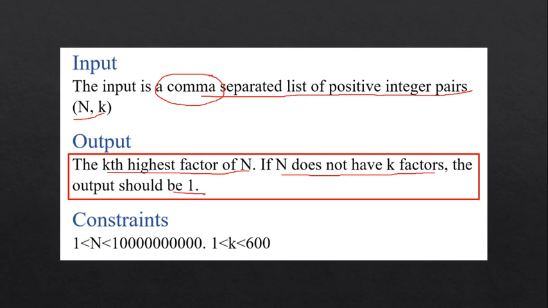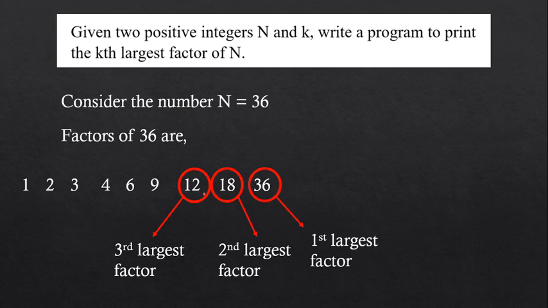What do they mean by that? See, consider the same number 36. 36 has first largest, second largest, third largest, this is fourth largest, fifth, sixth, seventh, eighth and ninth largest factor. So I could give you output till 9 factors.